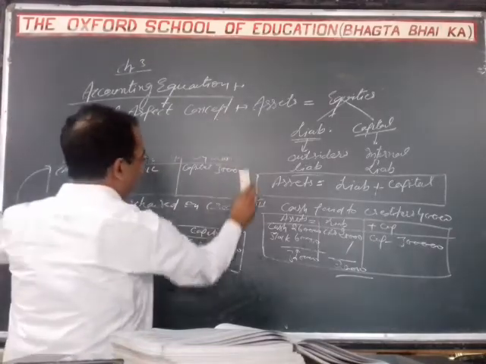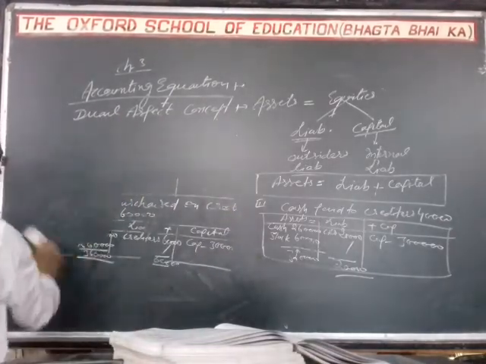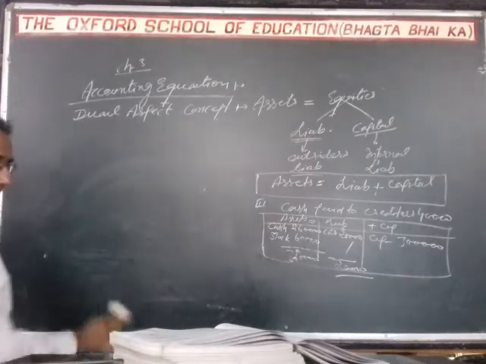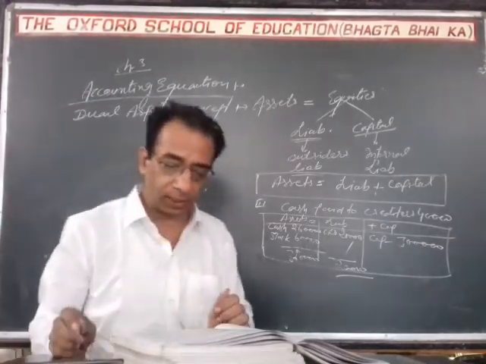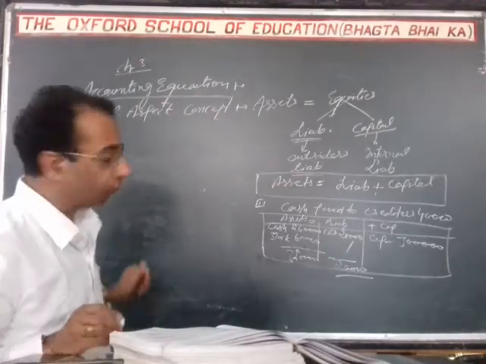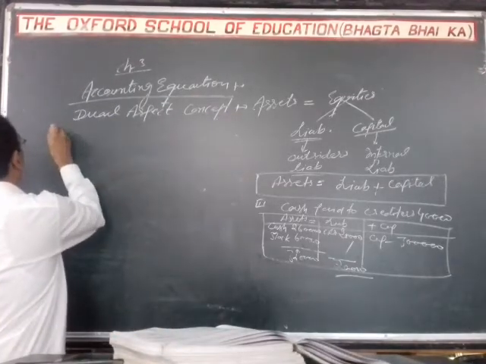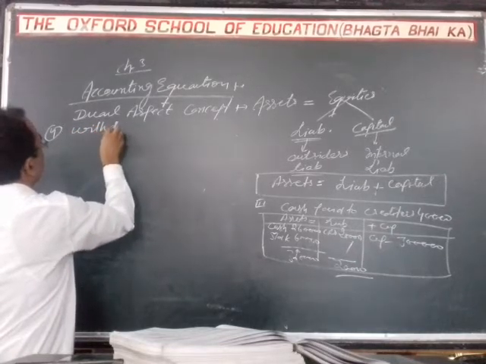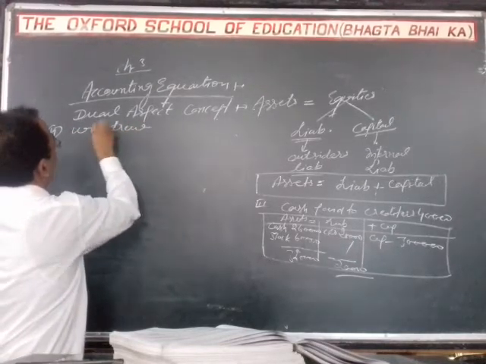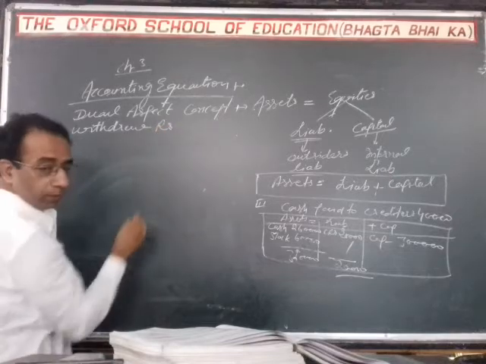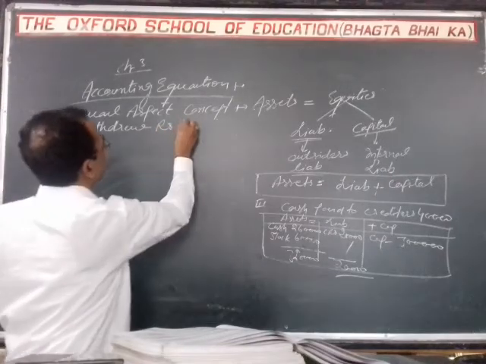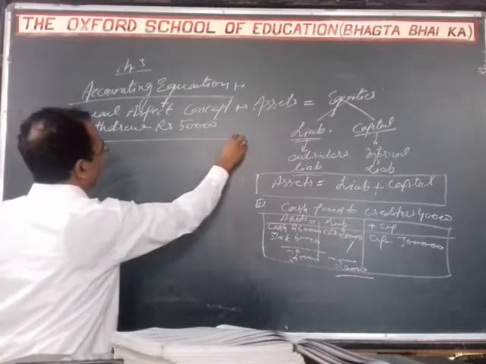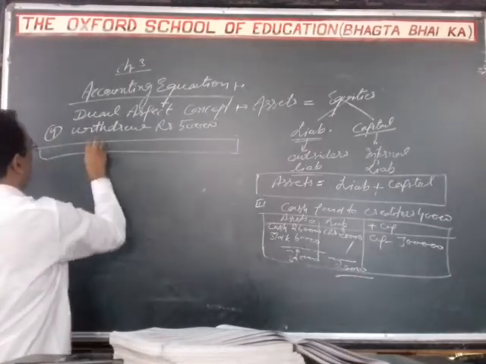Now we have to prepare table number 4, but table number 4 is based on table number 3. So the fourth transaction is withdrew rupees 50,000.